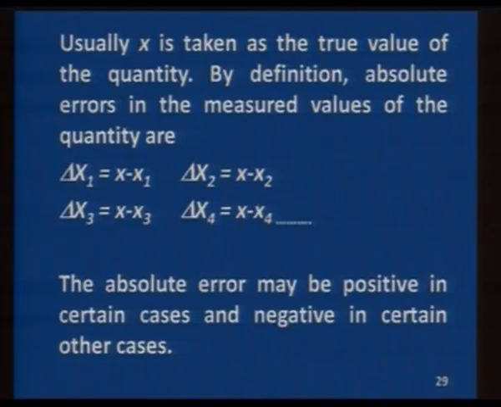So, by definition, absolute error in the measured values will be, in the first observation, x minus x1, in the second observation x minus x2, similarly in the third and in the fourth. So, the absolute error may be positive in certain cases and it may be negative in certain cases.